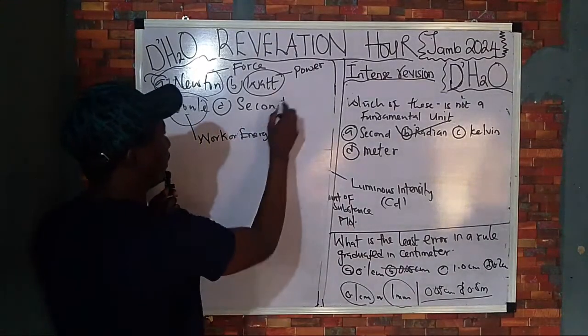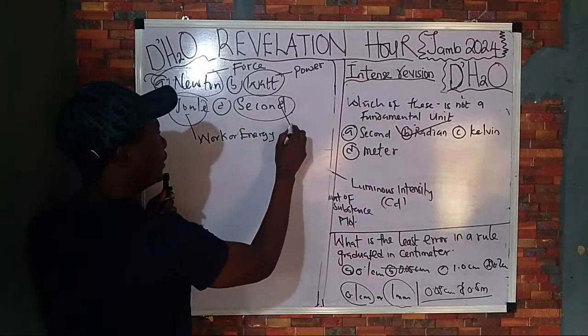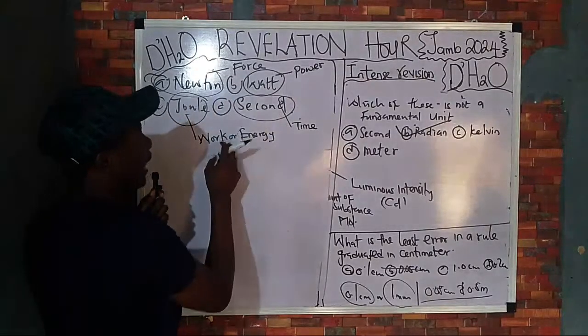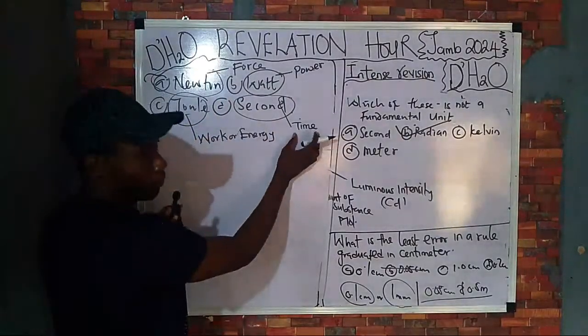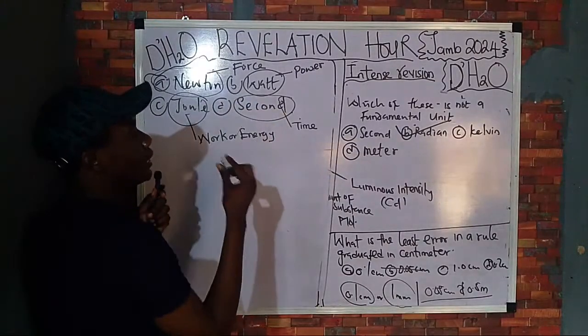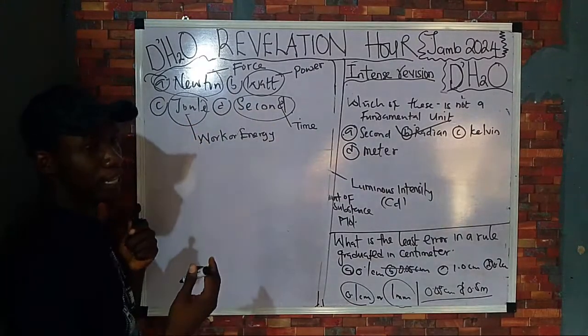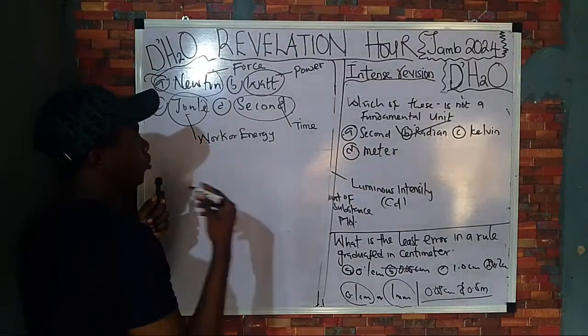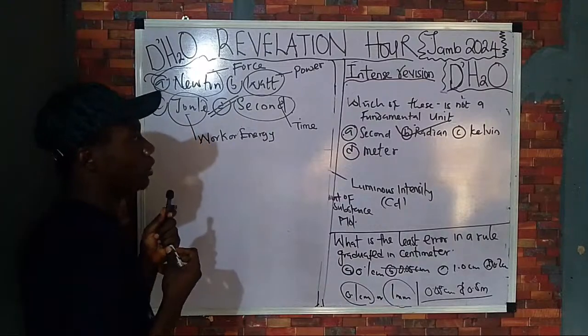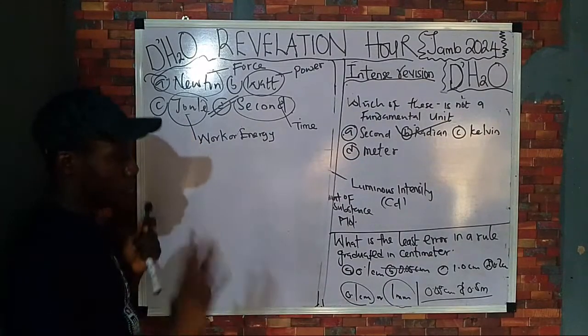And finally, your second is the unit of time. Remember, all of these are derived quantity apart from time. So, when they said that which of these is a fundamental unit, the answer to the question is second. Remember that second is a fundamental unit.